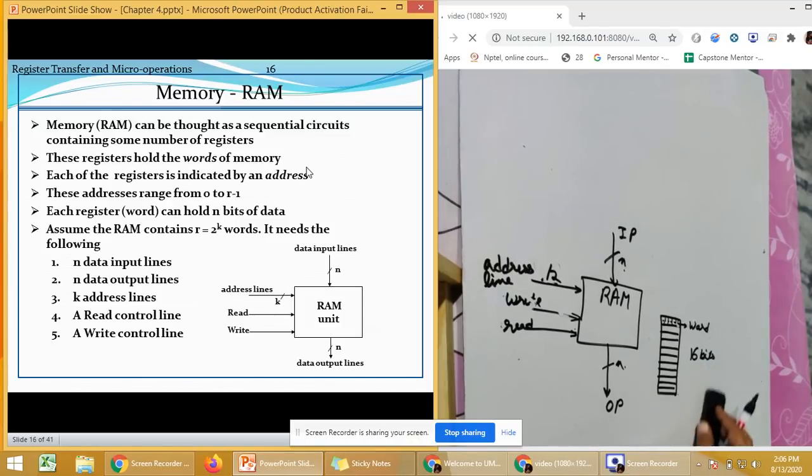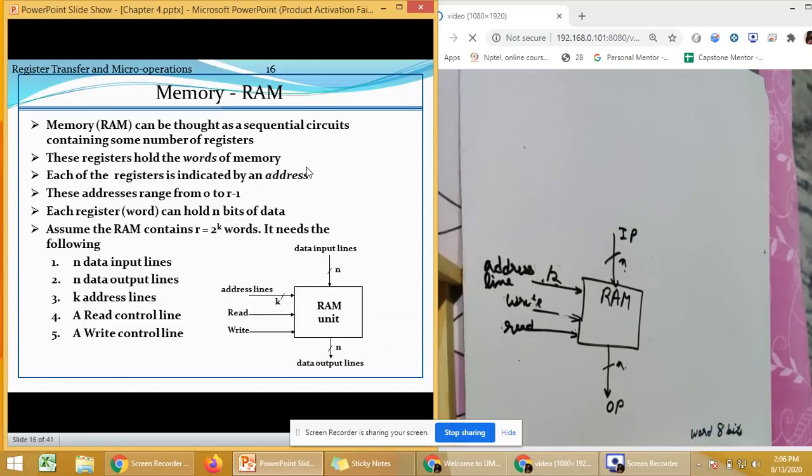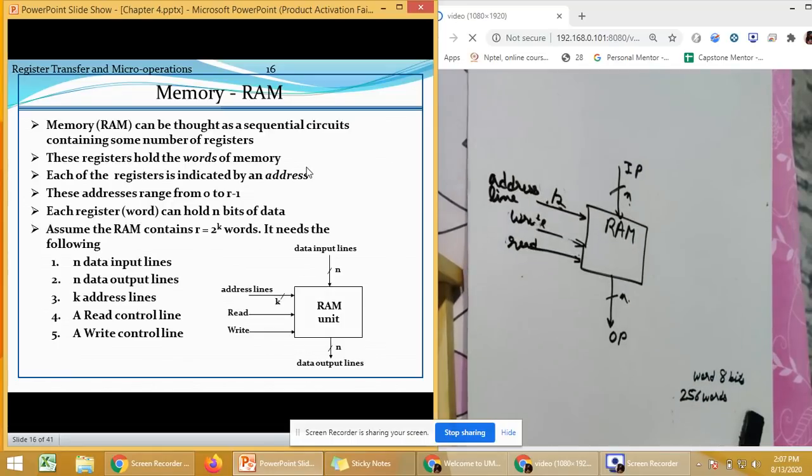So if my RAM is such that one word contains 8 bits, and there are 256 words, then what will be the total capacity of the RAM?